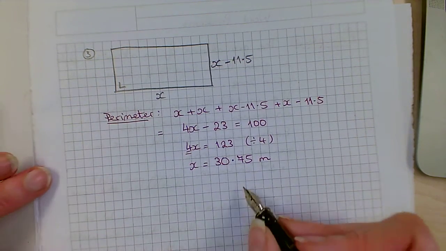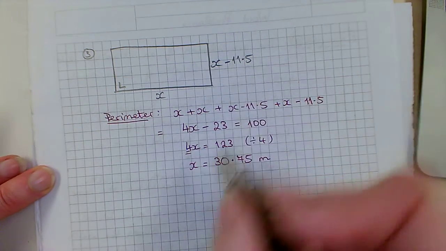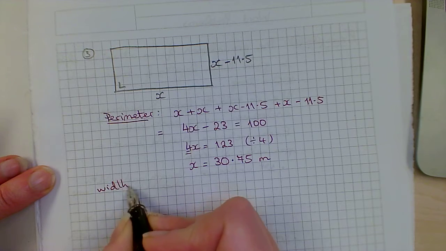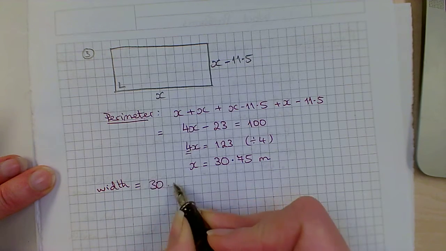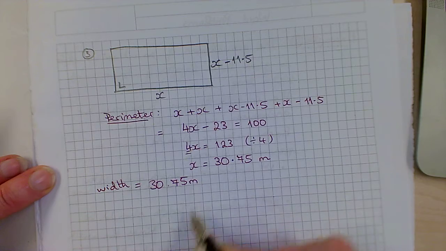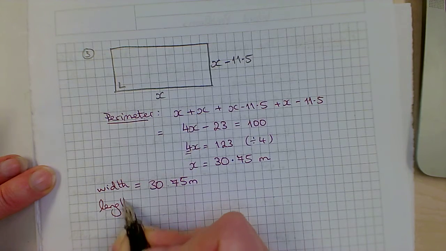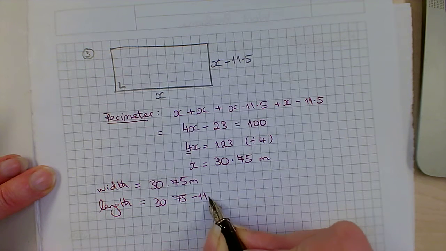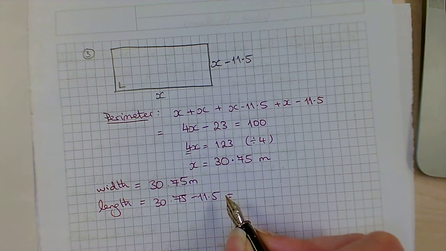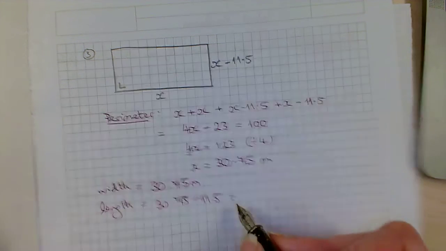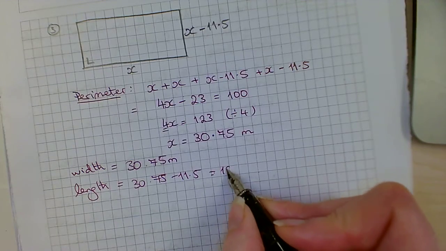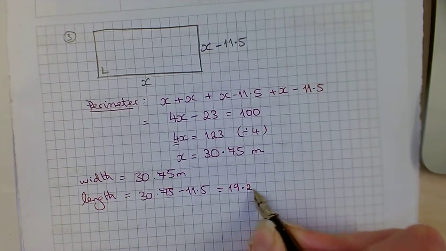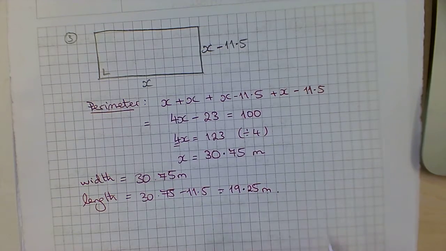Now, x is my width. Don't forget, if I want to calculate my length, I need to subtract 11.5 meters from that. So my length is 30.75 minus 11.5, which gives us 19.25 meters.